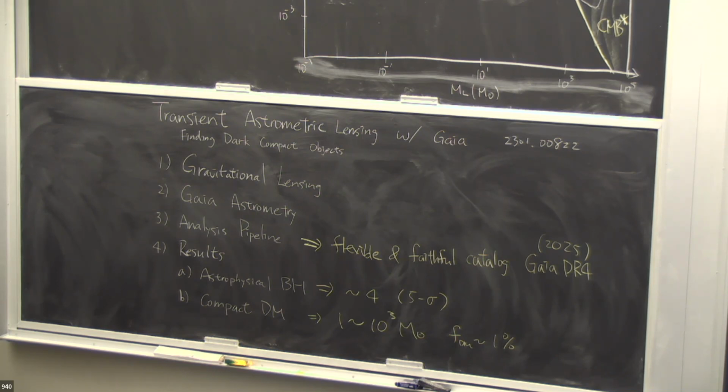The difference between the angular deflection and the magnification is that Gaia looks at the whole sky. If you plot this, there's an interesting relationship.